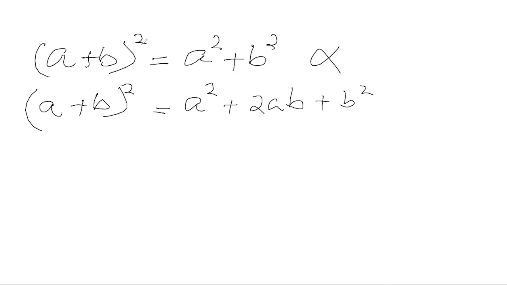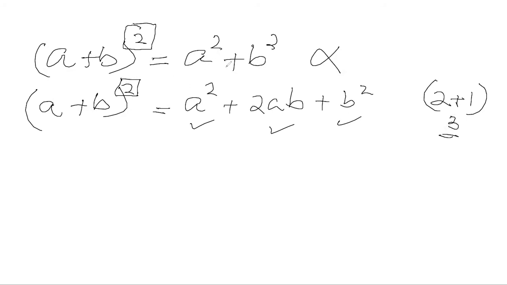Remember, when you have power 2, here exponent 2, you should have 3 terms. 1, 2, 3. 2 plus 1. So you must have 3 terms. If you do this, you will have only 2 terms, which is wrong.